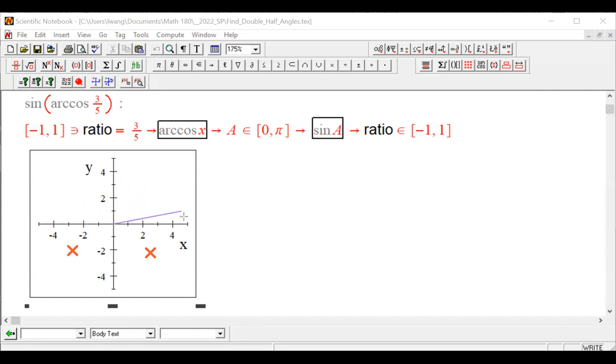Quadrant 3 and quadrant 4 are no-fly zones. So with that in mind, if the terminal ended up in the second quadrant, it would be a negative ratio. So now we know the terminal of this angle A is going to be in the first quadrant.